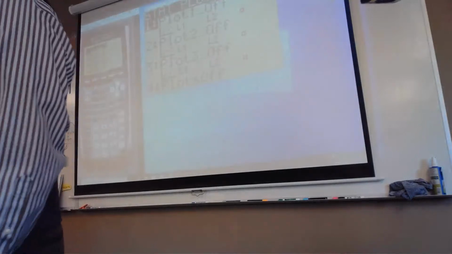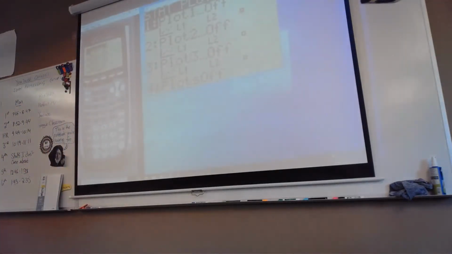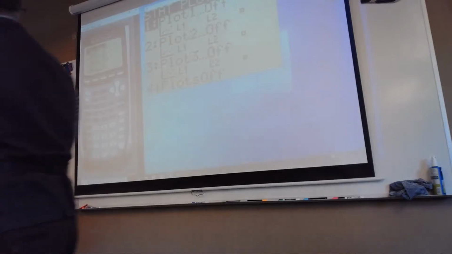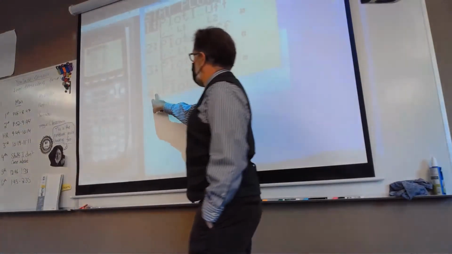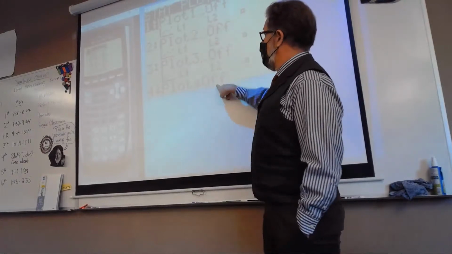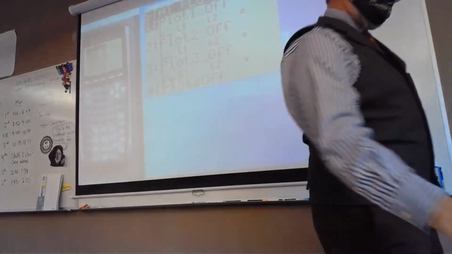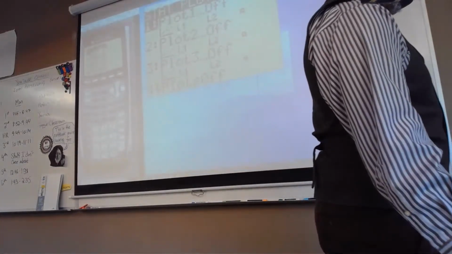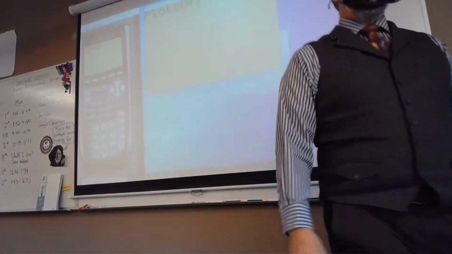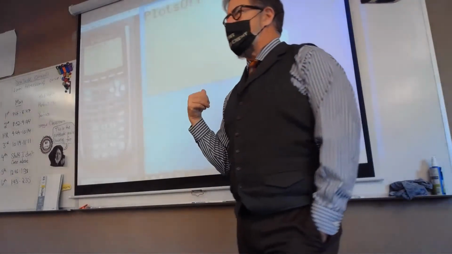But if your calculator is trying to make a scatter plot, but it doesn't have any data, it will give you an invalid dimension issue or error. What you want to do is choose option number 4, which turns them all off. Once you choose option number 4, it will say to you, plots off. That's a question. Doesn't look like a question, but it's a question. You have to hit enter.